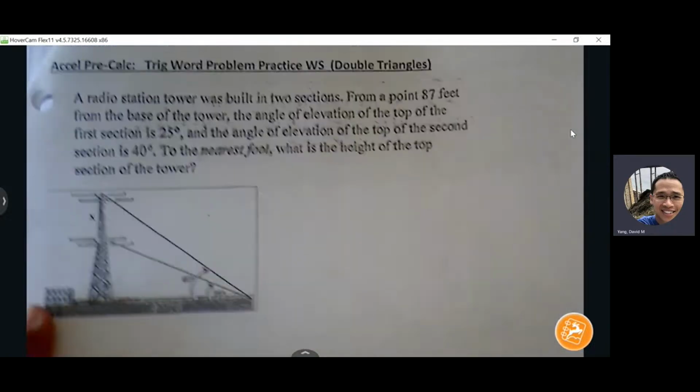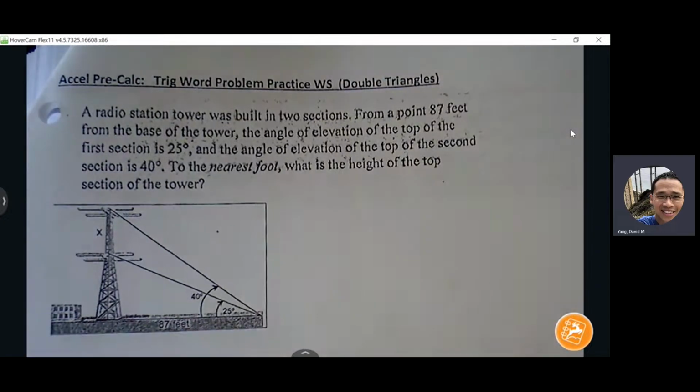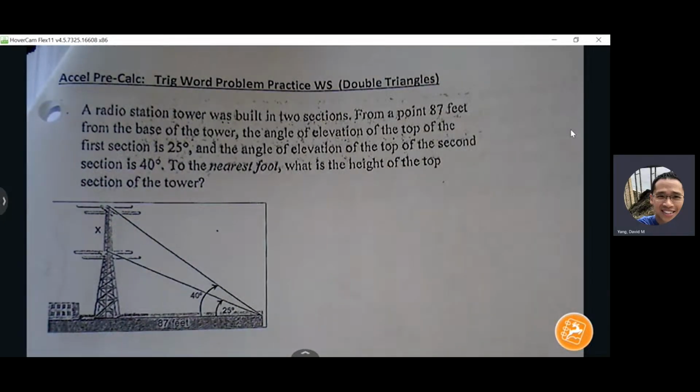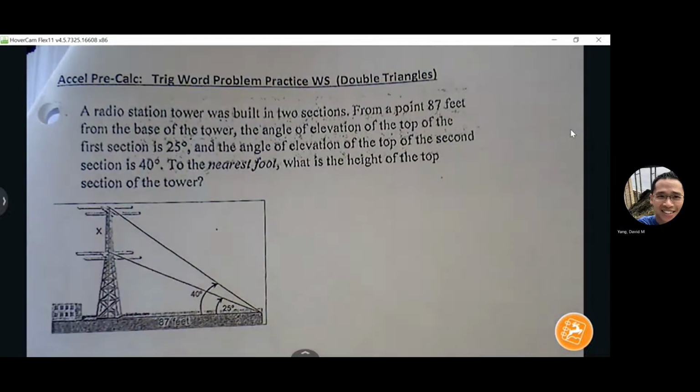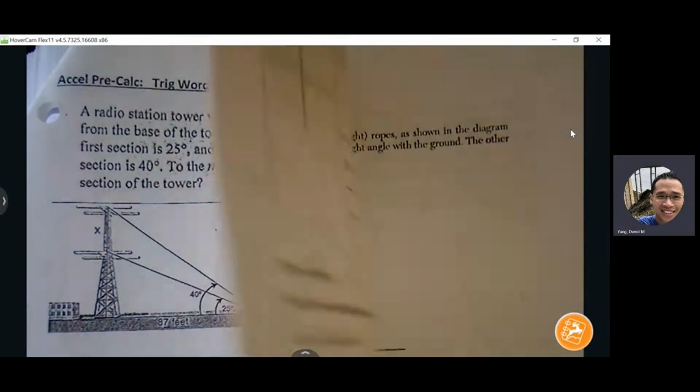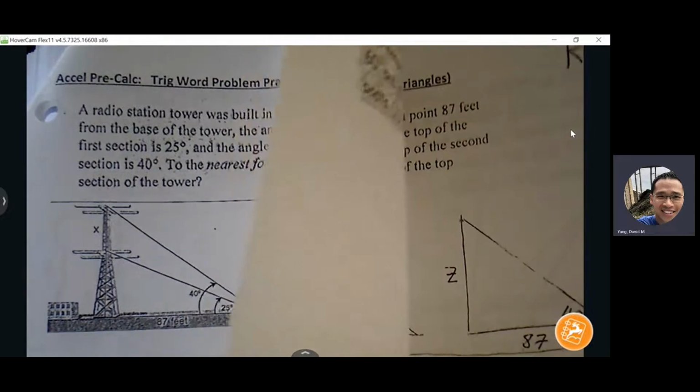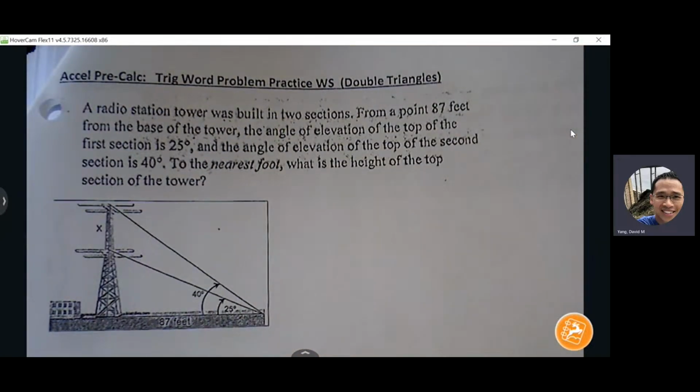I want to make sure I go over that. Does everybody pick up a packet? Okay, if you flip through the packet, I put some double triangle word problems. Let's look at this here. And I attached the key as well. So I'll do one with you, but then the others you can kind of just work through on your own, make sure you're comfortable with these types of problems.